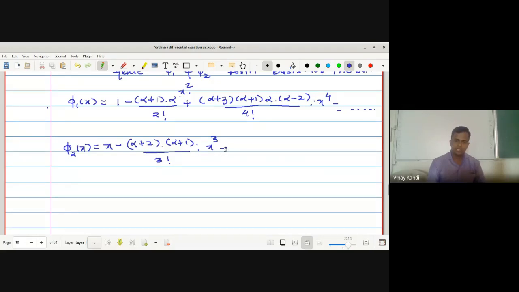Plus now put k is equal to 2 now. पुन्हा इथे काय इकडच्या आधीची टर्म येईल आणि इकडच्या नंतरची टर्म येईल. सो हियर वी गेट अल्फा प्लस 4 into अल्फा प्लस 2 into अल्फा प्लस 1 into अल्फा मायनस 3, ओके तर मायनस येईल ना, सॉरी, अल्फा minus 1, okay, divided by 5 factorial into x raised to 5 minus up to so on.